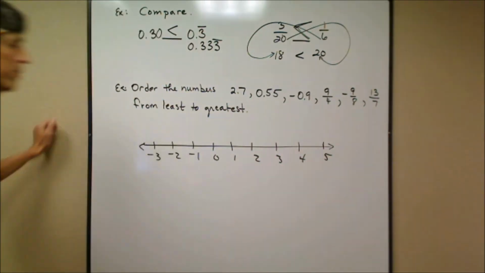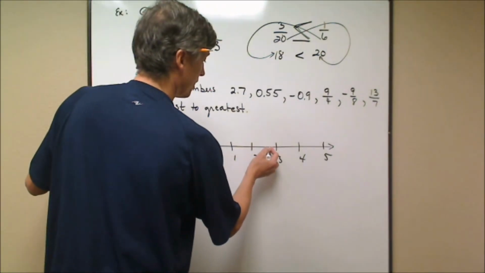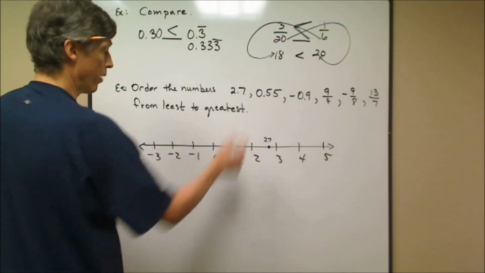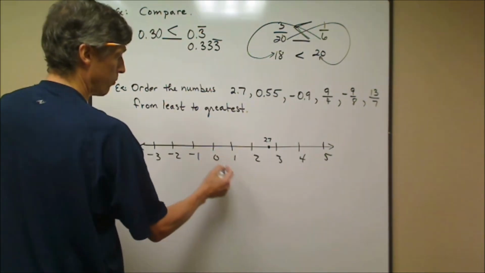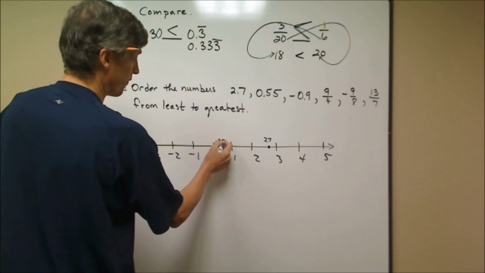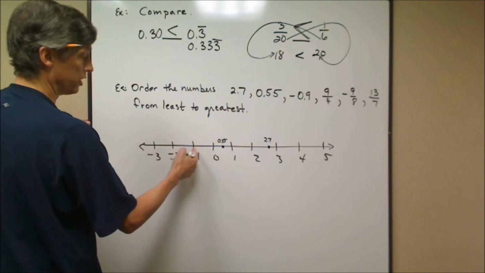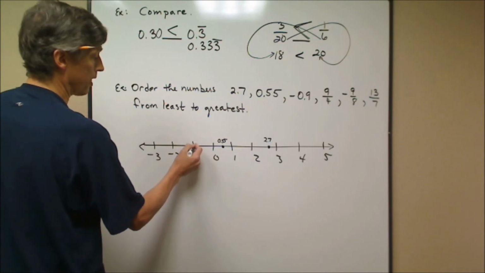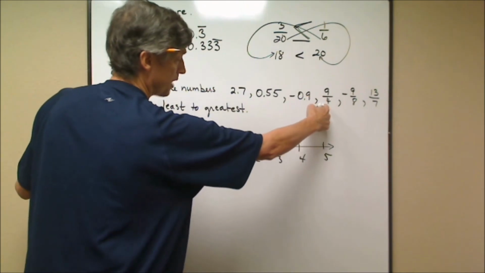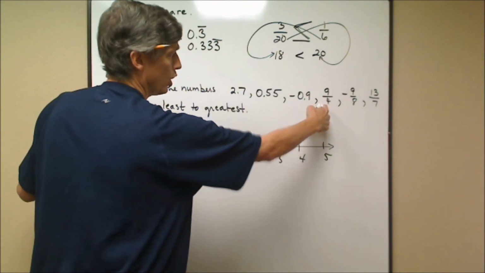I don't think I'll need that many. 2.7, that would be right about here. 2.7. And then 0.55, that's a little greater than 0.5, which is a half, so it would be about here, 0.55. Then I have negative 0.9, that's to the left of the 0, not quite at -1, maybe about here, negative 0.9.